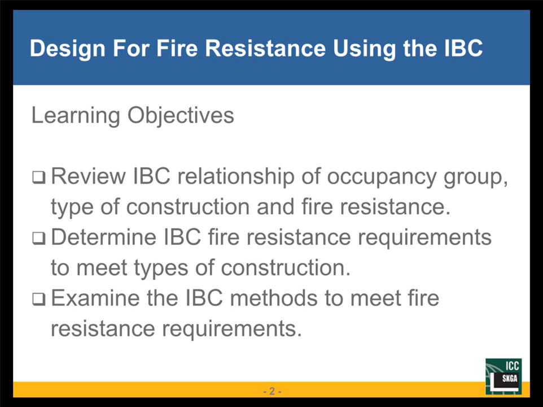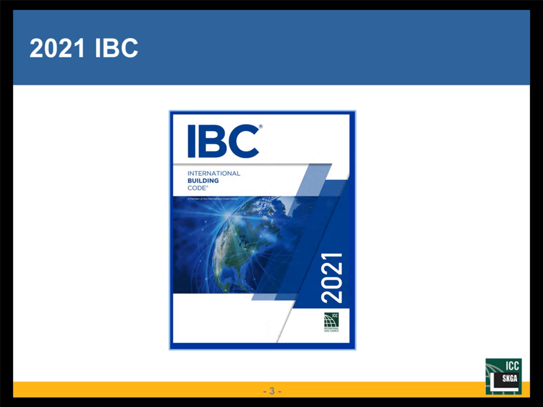That's the mode of operation that we'll go through as we look at that. And then finally, the last part is we will look at some provisions in the IBC that do allow you to determine some fire resistance ratings using the code itself. So that's basically our format.